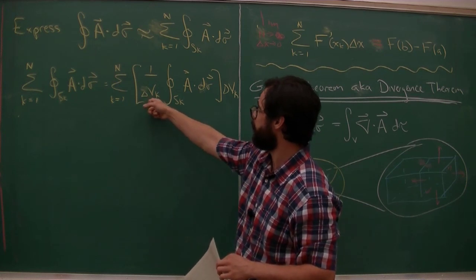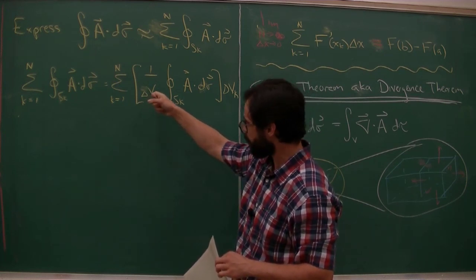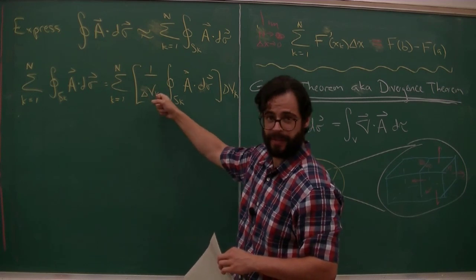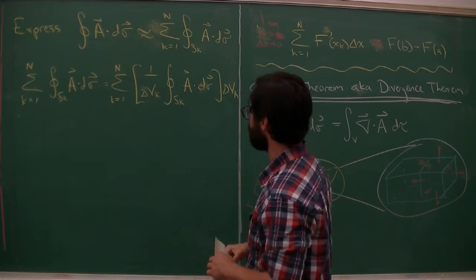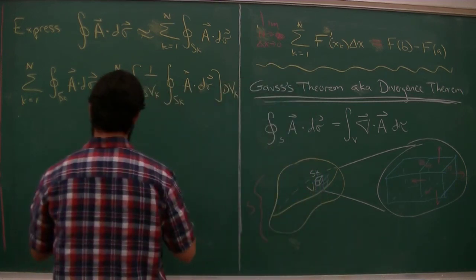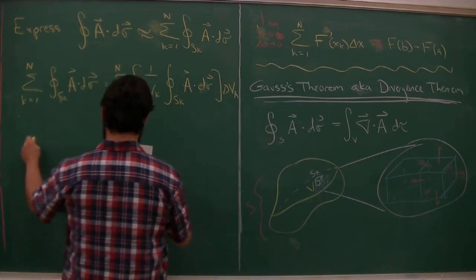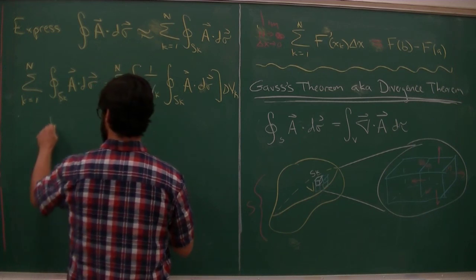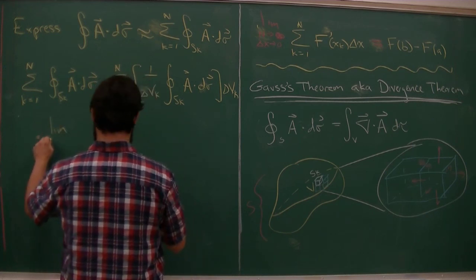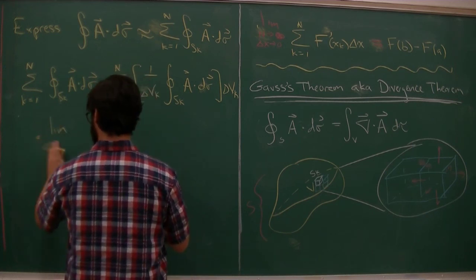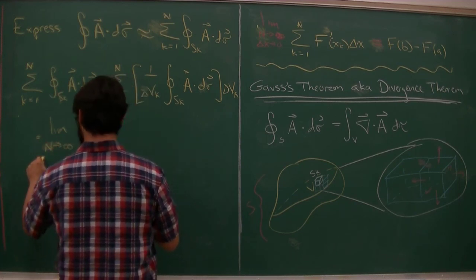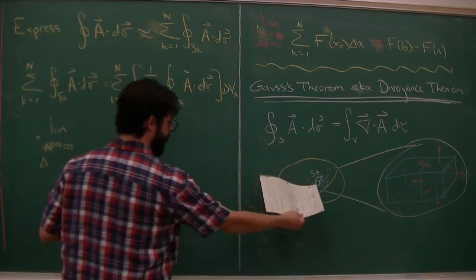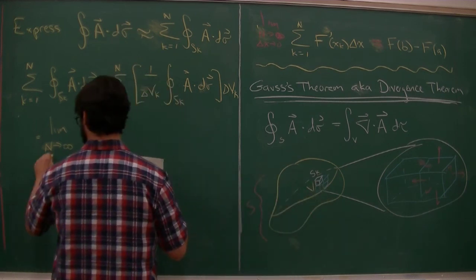Remember all those fundamental definitions of divergence, gradient, and curl, we had a volume in the basement and something that looked like this upstairs. So basically just kind of pushing things around until they look like that. And then now just take the limit as the number of these things goes to infinity, and the size of each of these individual boxes goes to 0.